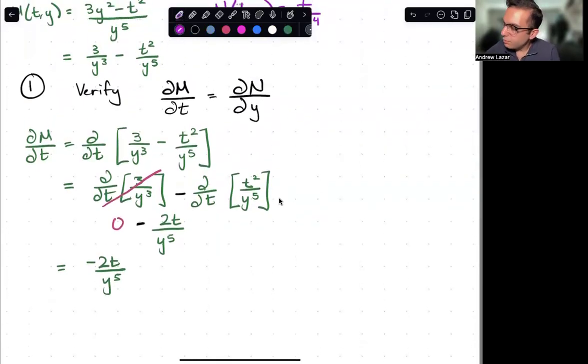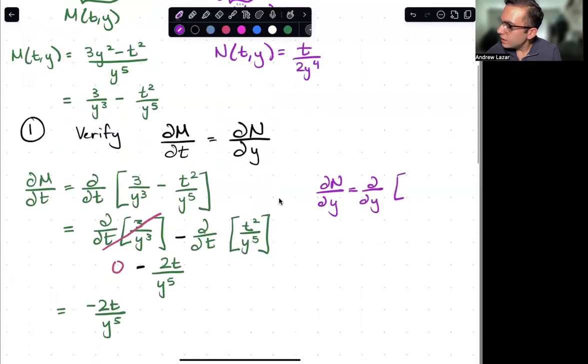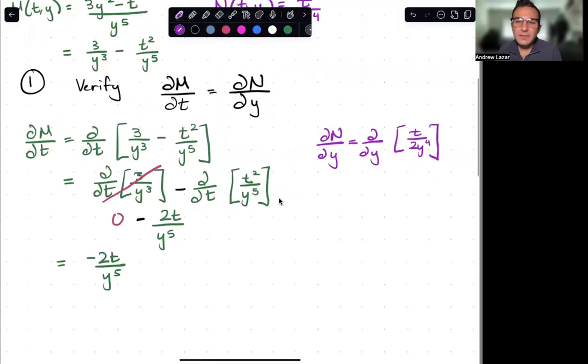Let's check now the partial of n with respect to y. So that's going to be the partial with respect to y of t over 2y to the fourth. When differentiating something in the denominator, I find it easier to consider a negative exponent. So this is t over 2 times y to the negative 4.